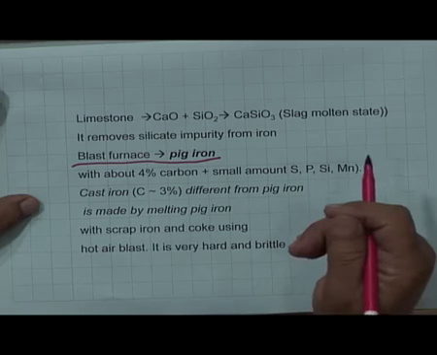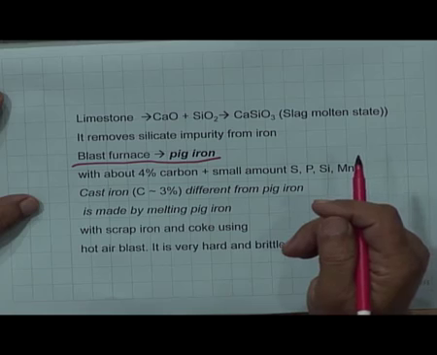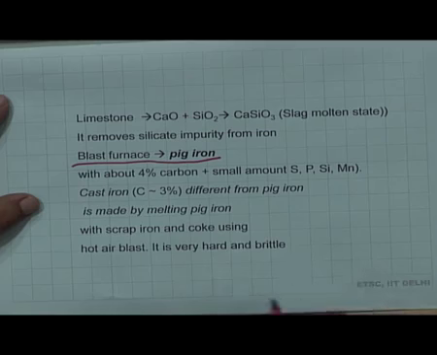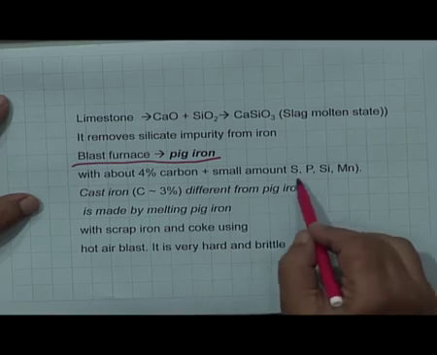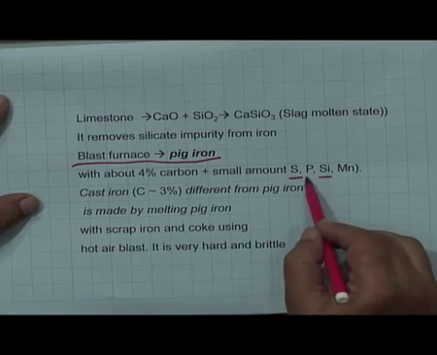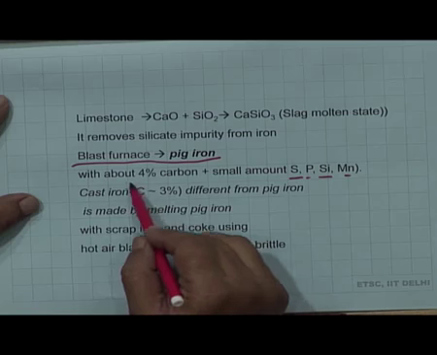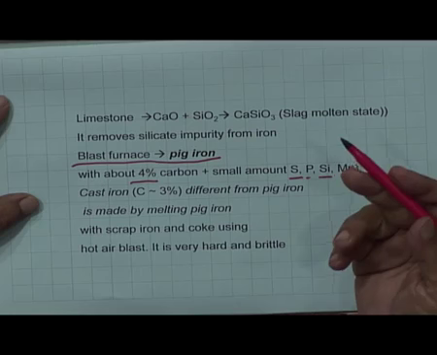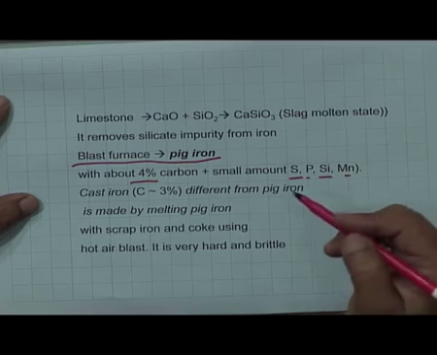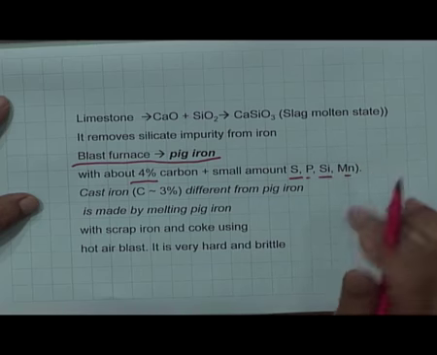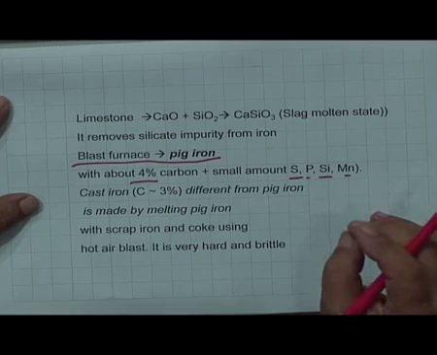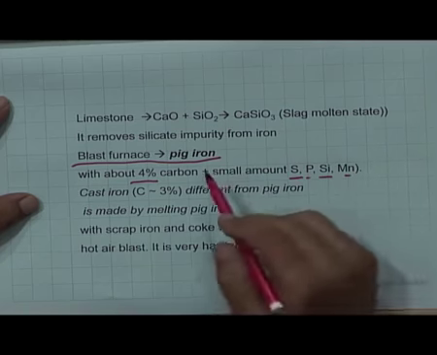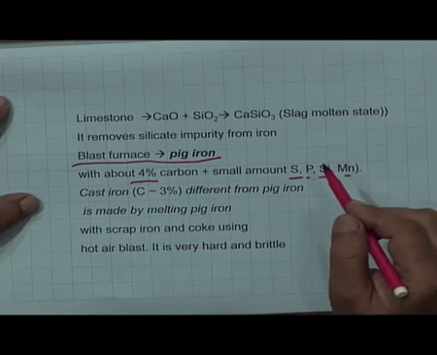There is no scientific meaning to this term, but pig iron has impurities of sulfur, phosphorus, silicon, manganese and about 4% carbon, because carbon is very much used. So, some carbon will be there in this pig iron, but the term pig is just derived because of its shape. Now, this pig iron cannot be directly used for any purpose.